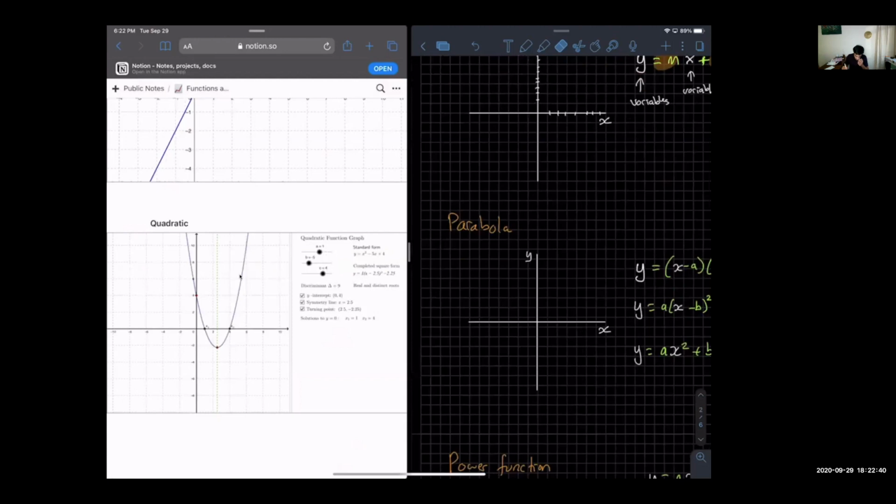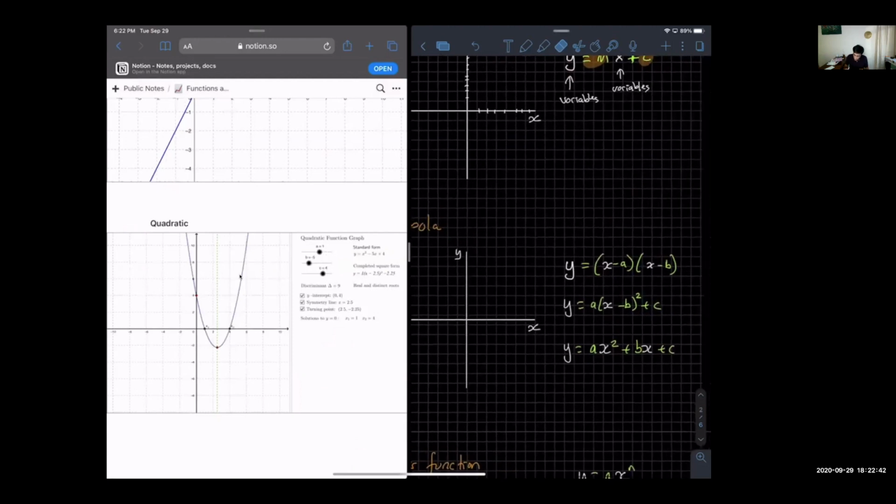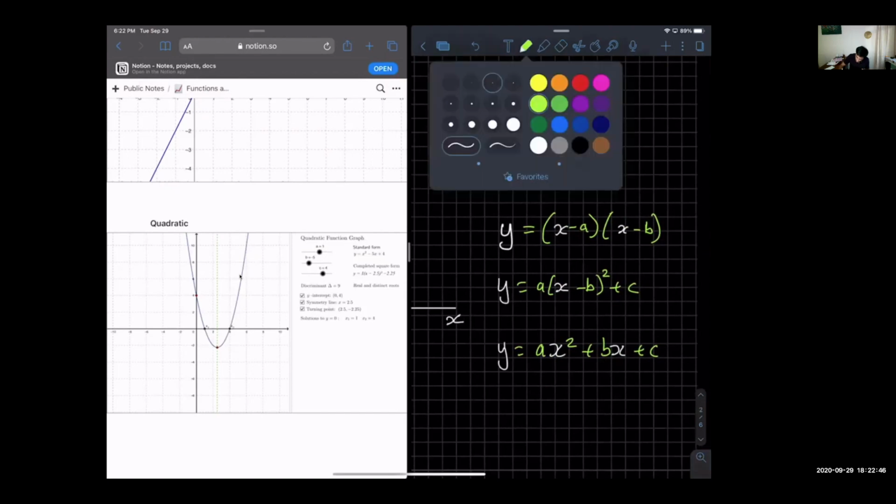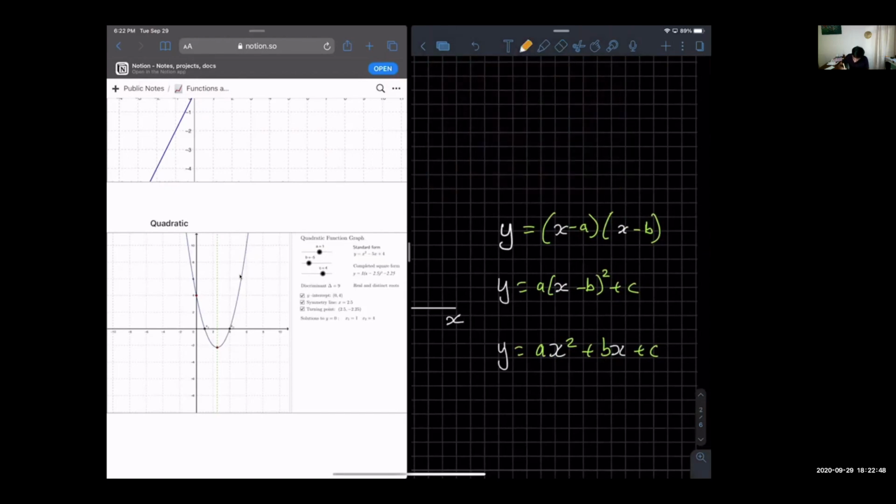So parabola, same thing. A parabola can interestingly be shown in 3 different forms. It can be shown in the factorized form. It can be shown in the completed square or vertex form.